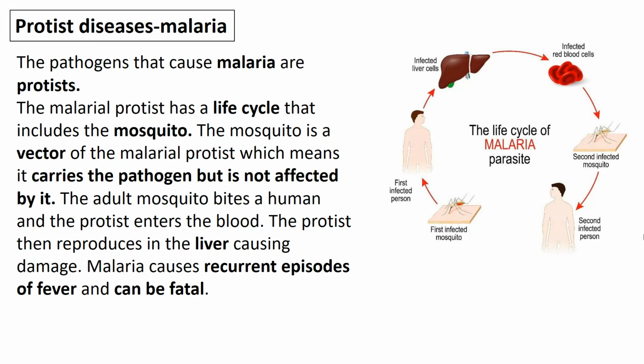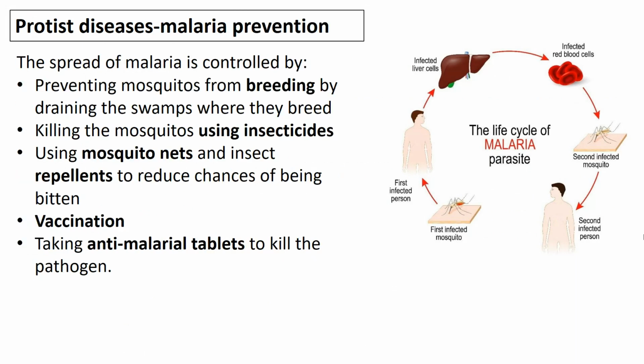If you're bitten by another mosquito, that protist will go into that mosquito as well, and hence the mosquitoes are the main method of spread of the malarial protist. Malaria can cause recurrent episodes of fever and can be very fatal. In order to prevent malaria, you need to reduce the numbers of mosquitoes, as well as prevent the mosquitoes biting you.